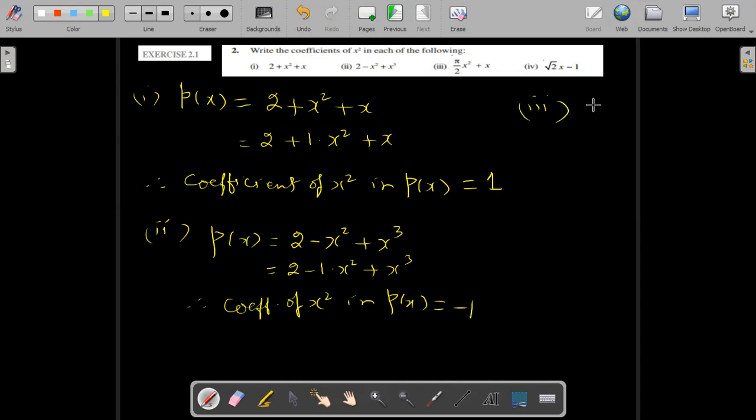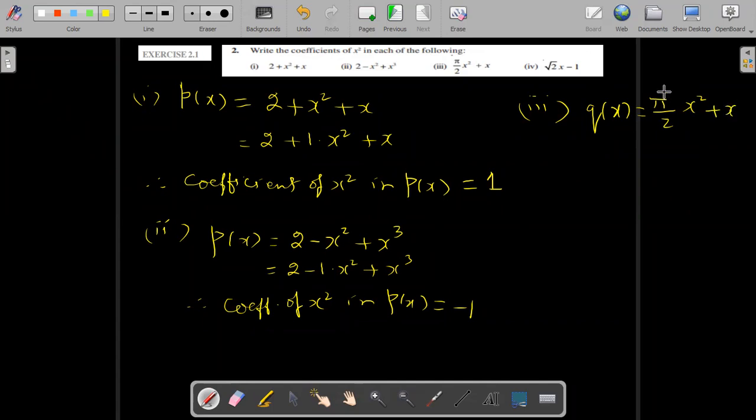Similarly, the third one we can denote by qx also. Qx is equal to pi by 2x square plus x.